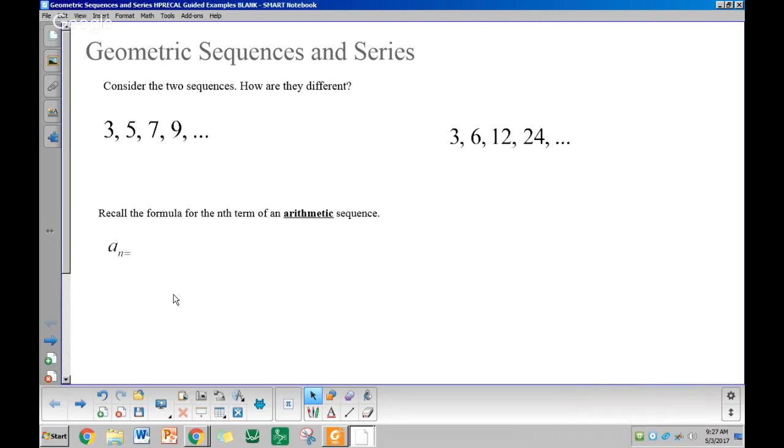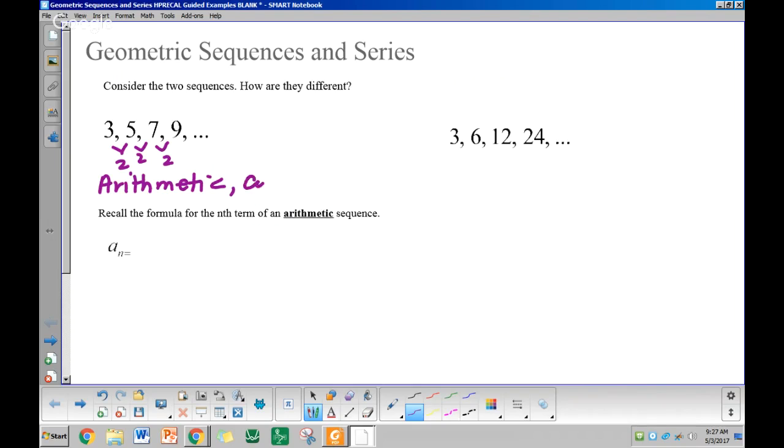All right. So we recall this one, right? The one that we started with, which was 3, 5, 7, 9. We call that one arithmetic because it has a common difference, right? Which is 2. This is arithmetic. How is this one different? It's multiplication. Instead of a common difference, it has a common ratio.